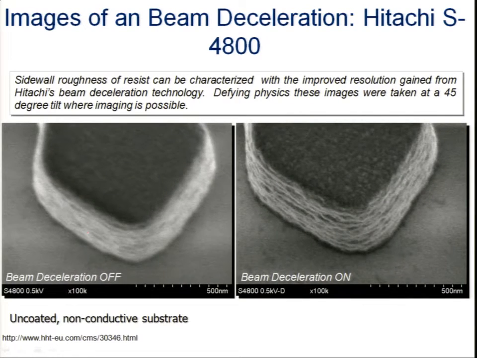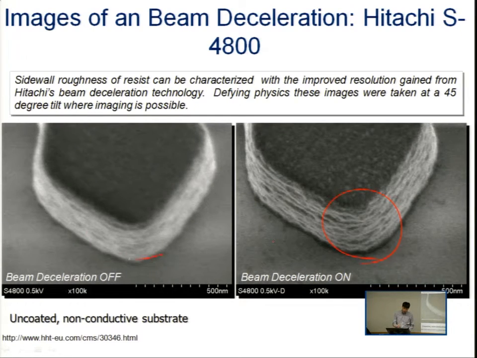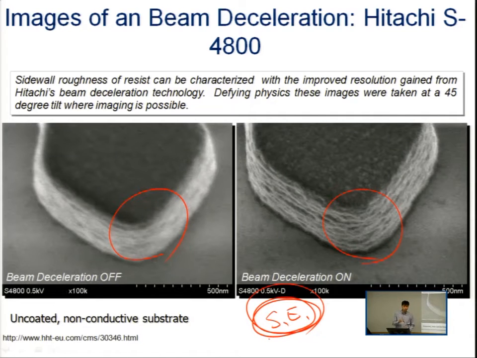So this way, we can have much clearer images. Then why do we want to remove the secondary electrons? Actually, secondary electrons are pretty useful for making certain images. But their number is pretty high at low energies.